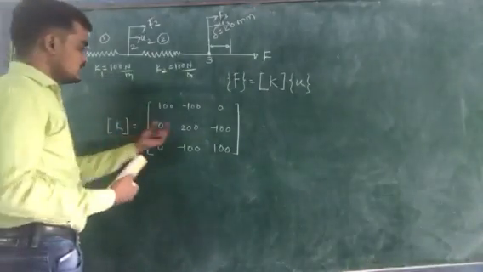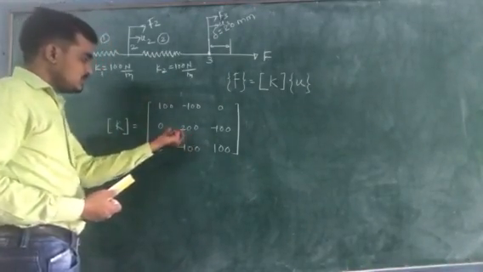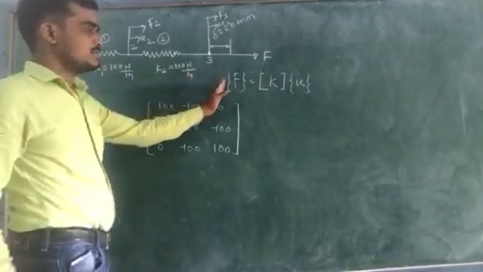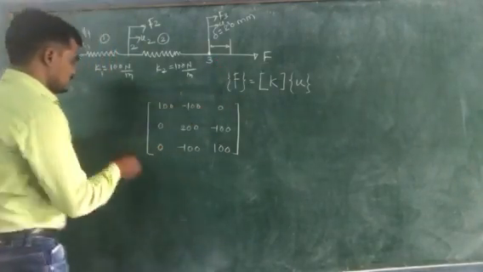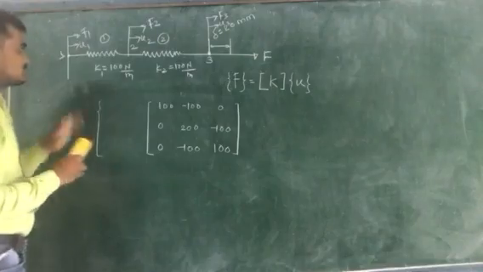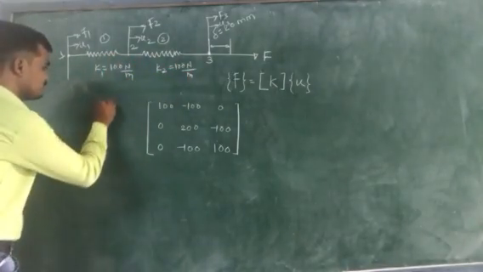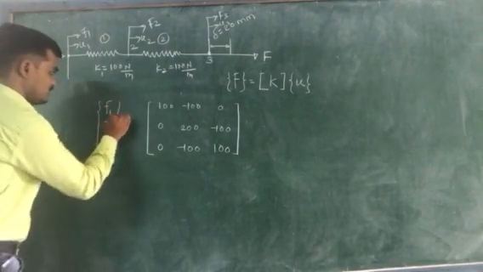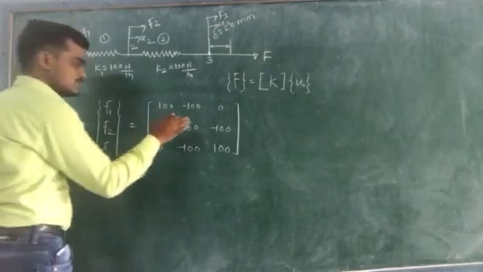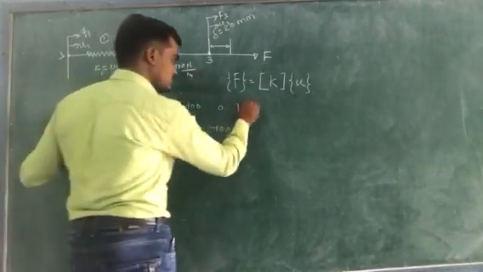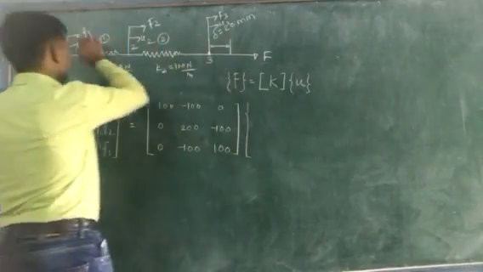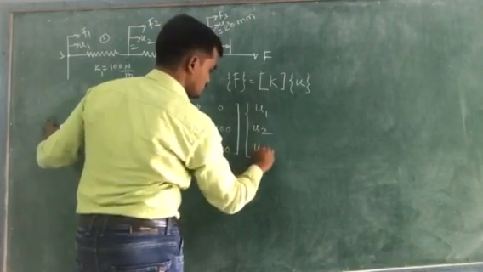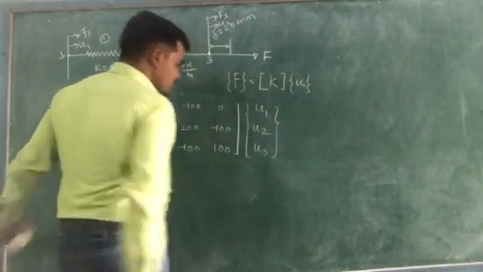So this stiffness matrix can now be written in this form. As we know, the LHS is your nodal force vector. As there are three nodes, it will become F1, F2 and F3, equal to the global stiffness matrix times the nodal displacement vector U1, U2 and U3.